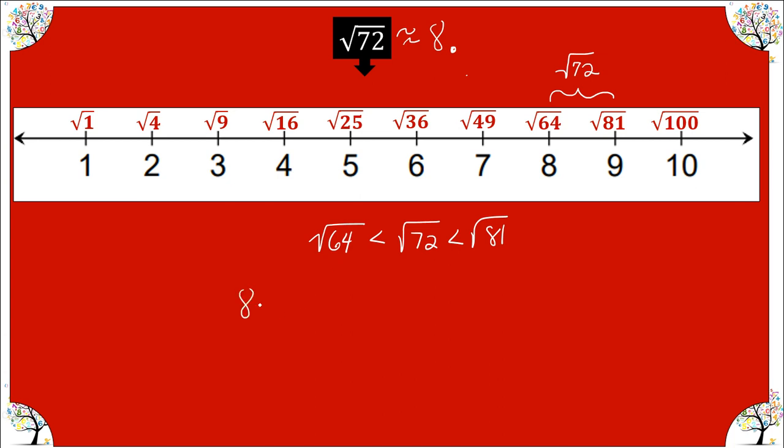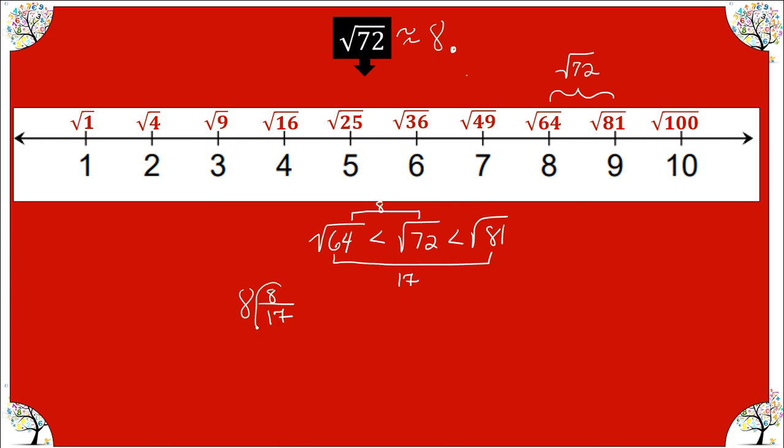Now, let's find the fraction. So the denominator, again, is between our two perfect squares. So we have 81 minus 64, and that's going to be 17. And then the numerator is the first perfect square to the number we're estimating. So that's going to be 8.